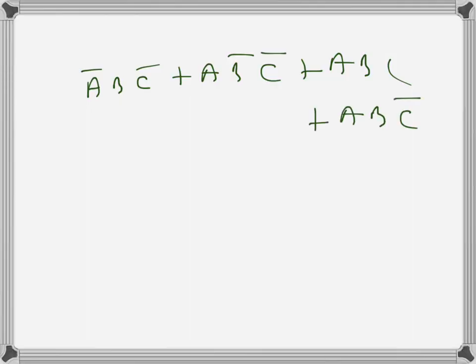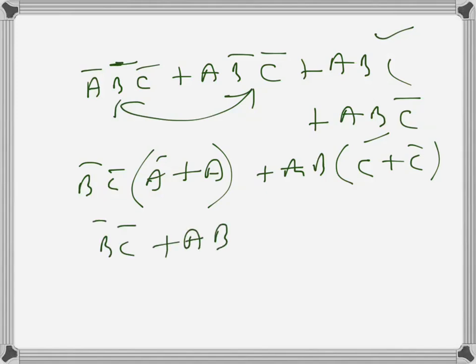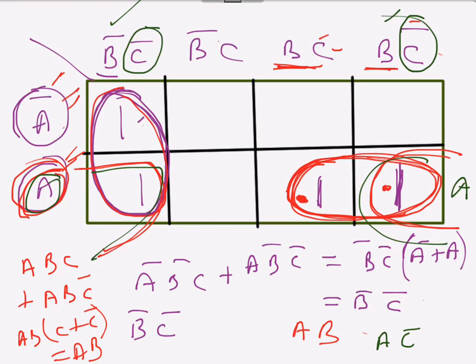So if we try to minimize this, this one is A bar, B bar, C bar. From these two, I can take B bar, C bar as common, and it becomes A bar plus A, and from these two I can take A, B as common, so it becomes C plus C bar. So it's becoming B bar, C bar plus AB, which is from Boolean algebra. The same thing we are getting from the K-maps.